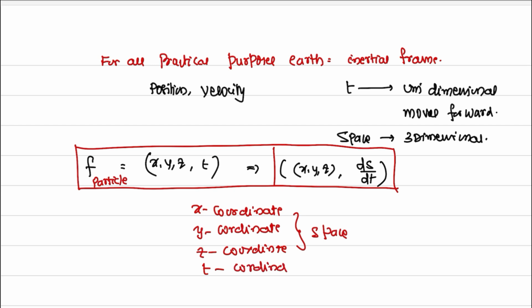At what time? This is time. Or we can say the rate of change of displacement with time, ds by dt, velocity. When you know these things, only then will we be able to understand the particle position.